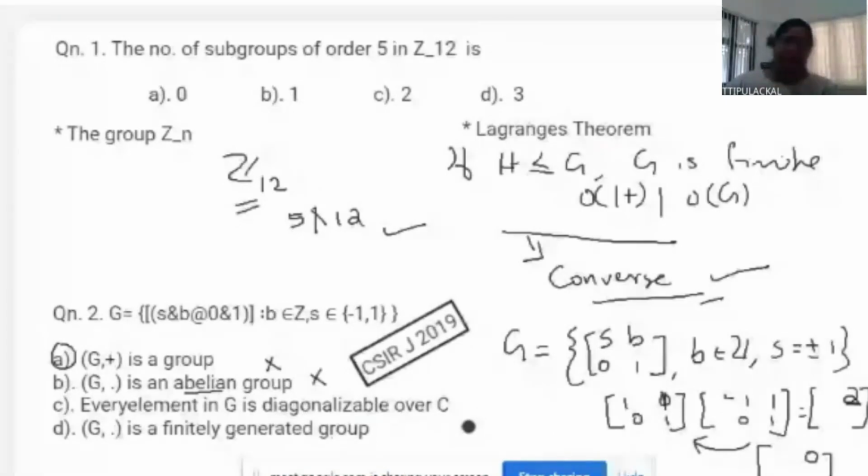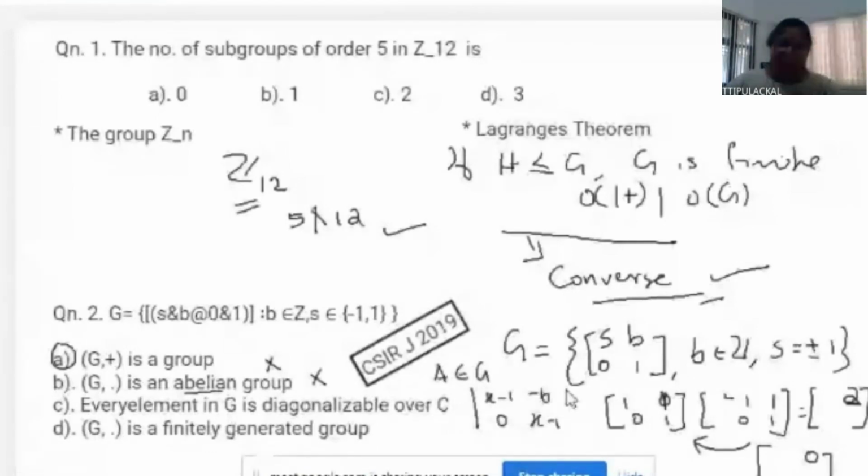Now you can see this very directly by looking at the determinant of xI minus A. If A is a member of G, what is the determinant of xI minus A? For example, if b is 1, you have x minus 1, minus b, 0, x minus 1.